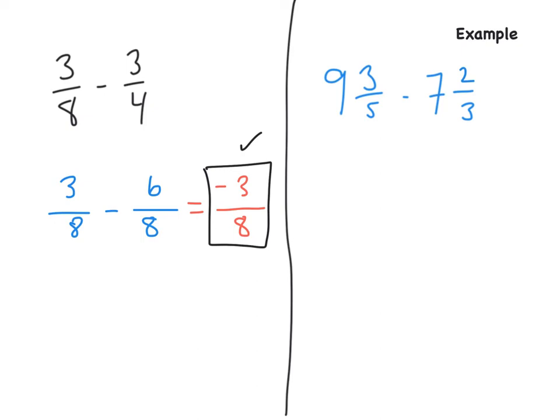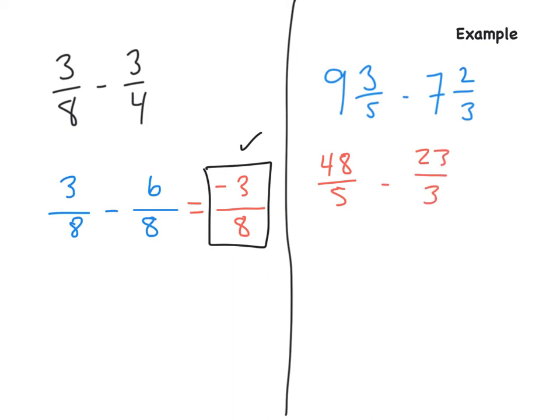Alright, so if we have 9 3/5 minus 7 2/3, remember, must change the mixed number into an improper fraction first. So 5 times 9 is 45, 45 plus 3 is 48, so we have 48/5 minus 3 times 7 is 21, 21 plus 2 is 23 thirds.